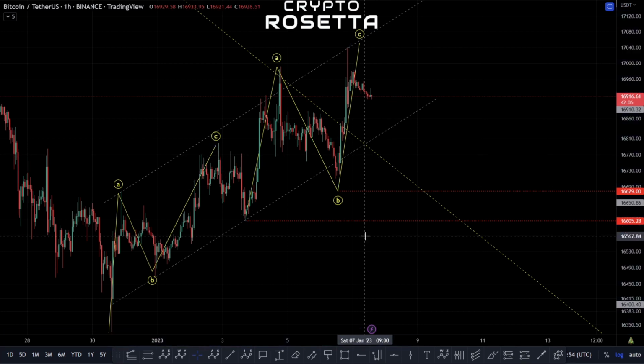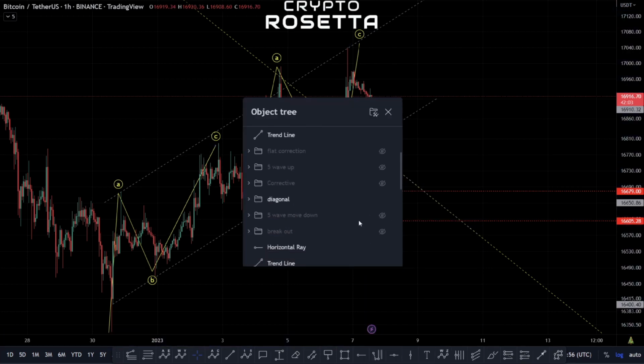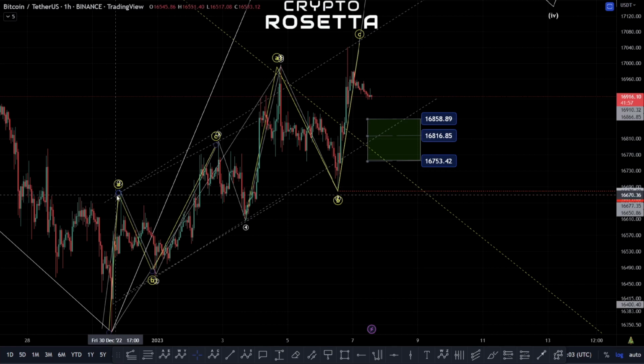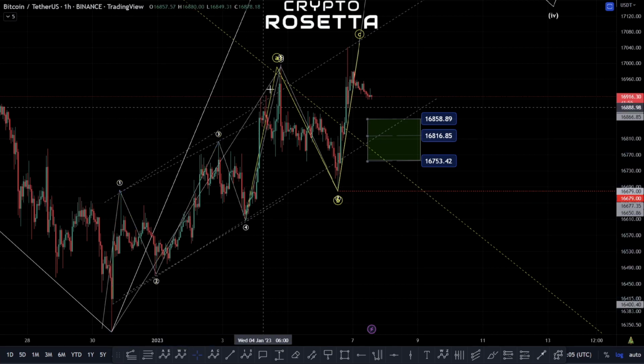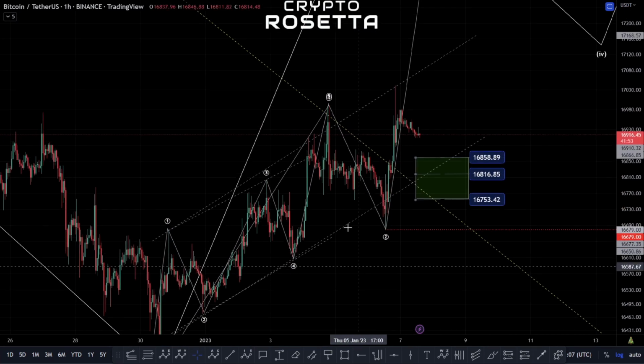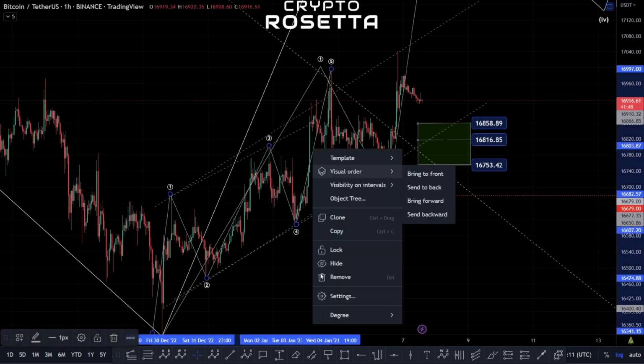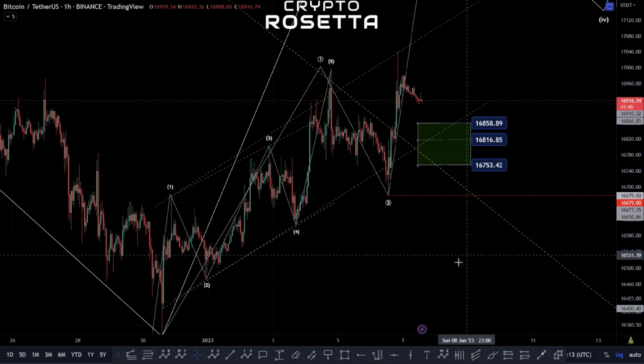So the final thing I want to talk about is there is a potential for looking at this as a breakout, and I'm just going to delete these ABCs here, and I'm going to just move this over here. So let's change this degree because that's in the wrong degree.